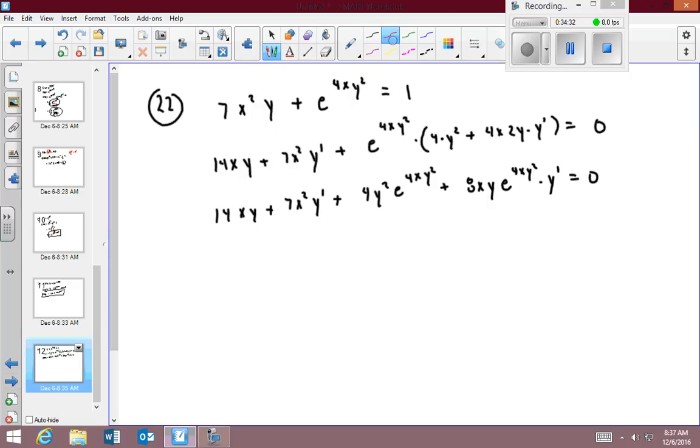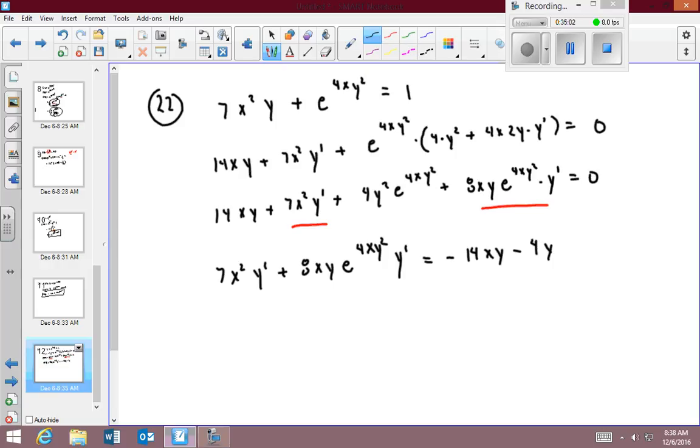So I want to keep these two terms on the left and put those other two terms on the right. So I got 7x squared y prime plus 8xy e to the 4xy squared y prime equals a negative 14xy negative 4y squared e to the 4xy squared.